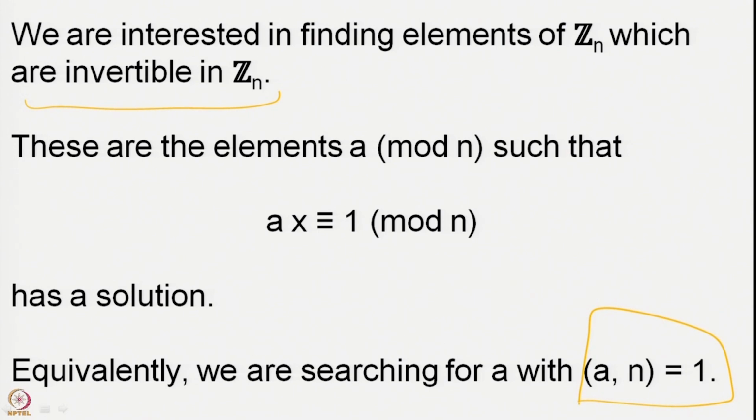If you observe, whenever n is a prime p, this condition, the GCD of a and n equal to 1, holds for all numbers less than p except of course 0. So these are the numbers that we are looking for. These are all the non-zero elements in Gp. These are the nice elements in Gn which we are looking for.